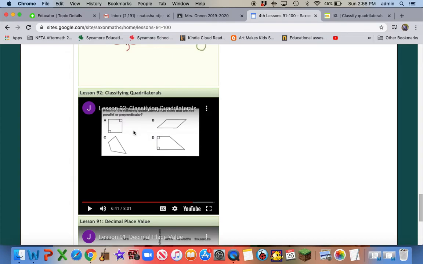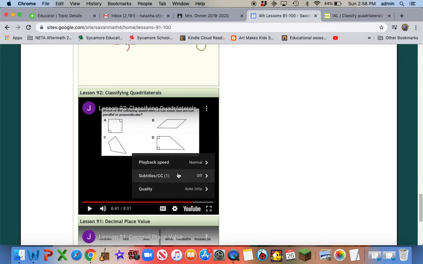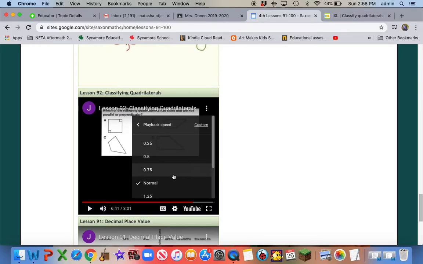One thing I want to show you, I don't want you to get too used to doing this, but if you go into settings on YouTube, you can do playback speed. This is her normal voice. You can do 1.25 and it just speeds her up a little bit. You still get the right information, but you're able to cover the ground a little further. In my videos, I prefer you not do that because I already talk very quickly, and I don't want you to miss information.